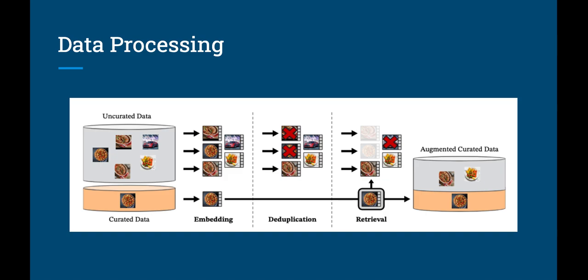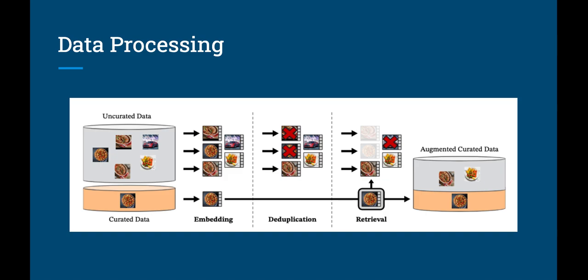This process is heavily inspired by how the NLP researchers get their high quality text data. And in the end, the researchers were able to gather a huge data set called LVD 142M, which is 142 million high quality curated images.